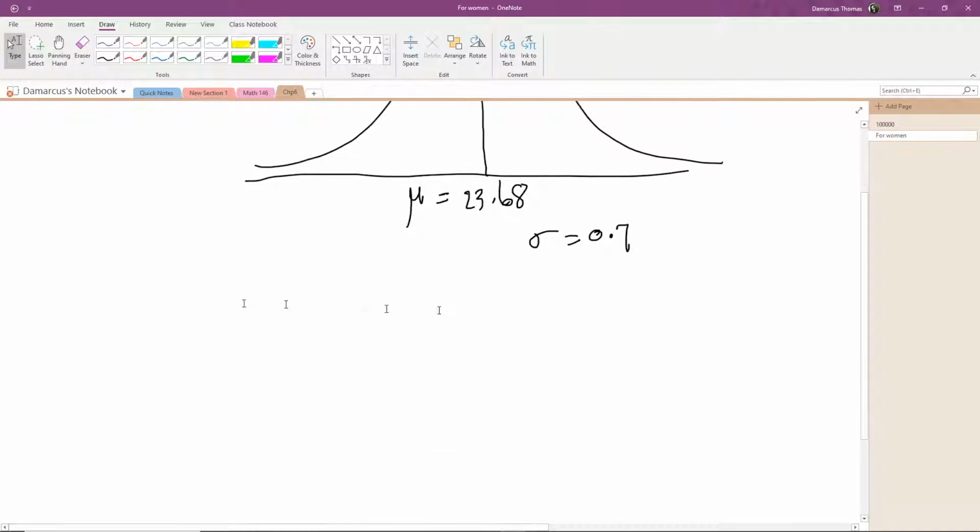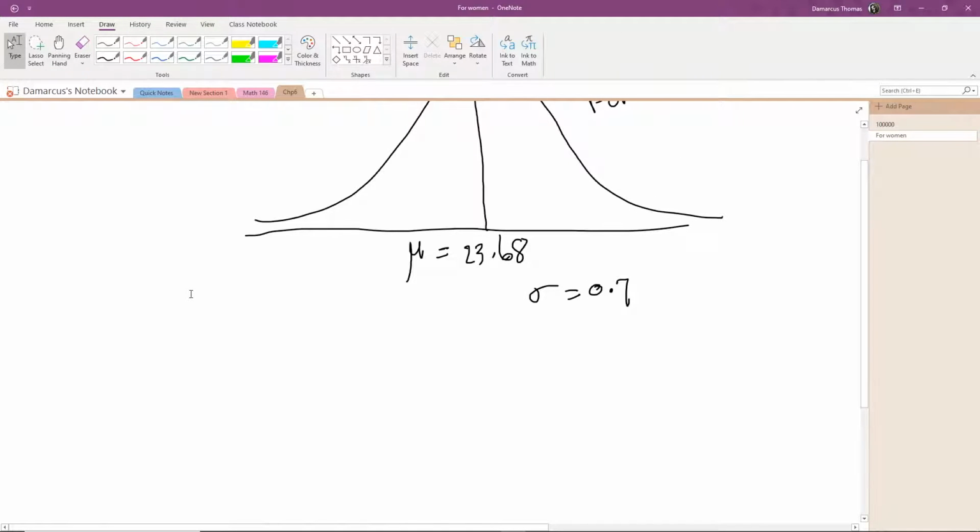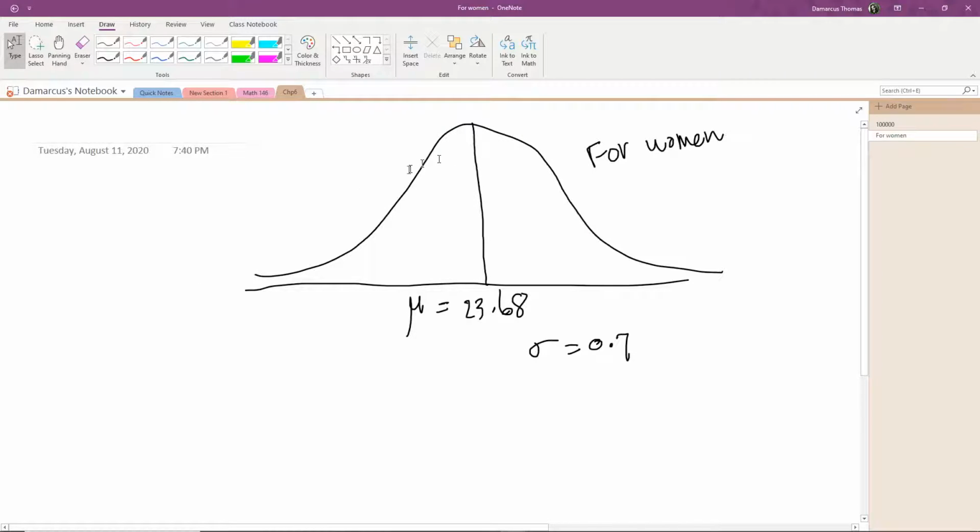But now what they said to us is, hey, what about 18 women? We can't use this sampling distribution for 18 women.